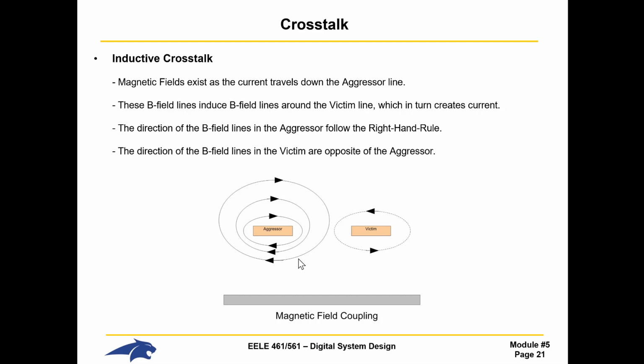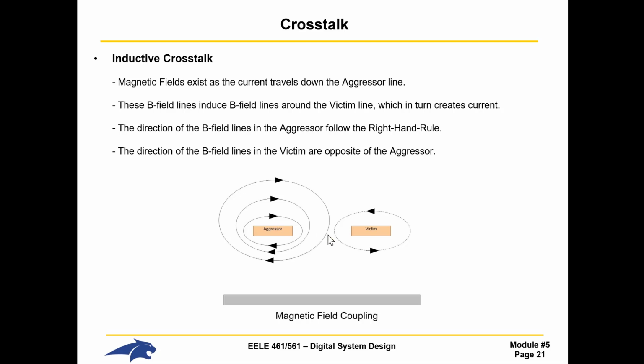And so if you think about a wave propagating down the aggressor, you have the magnetic fields that look like this. The lines move clockwise around it. And this is the right-hand rule where you put your thumb in the direction of the wave. In this case, the wave is going into the screen.